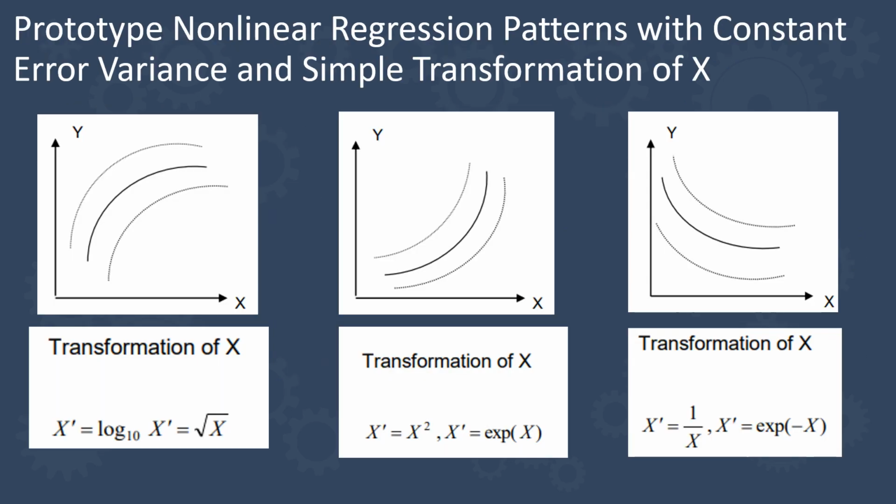Let's look at how we can handle nonlinear regression patterns using transformation. As you can see here, the prototype that we have shows a nonlinear relationship between X and Y. You can see that the data forms a curve, which a simple straight line model cannot fit well. So if we have this kind of situation, we can apply the common transformation known as log transformation.